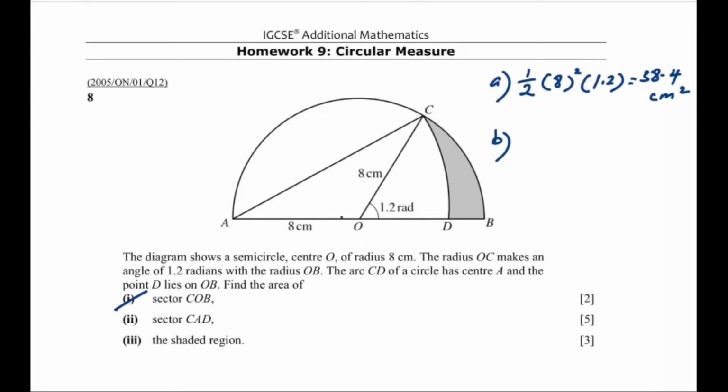So this is pi minus 1.2. Okay, that is the angle here. And then in order to find the radius of this sector, which is AC, you can use the cosine rule to find AC. So AC equals the square root of x square plus x square minus 2bc cos of (pi minus 1.2). Make sure your angle input is in radians.